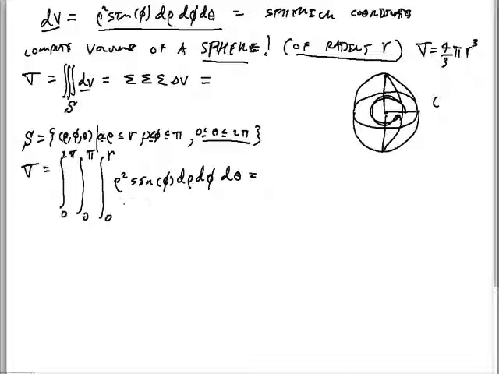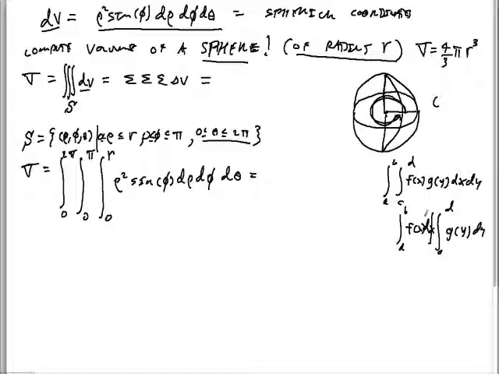Okay, so let's compute this now. One thing we can always do anytime we have a double integral of the form where we have f of x and g of y dx dy, with some a and b, c and d, is always break it up into two different independent integrals: the integral from a to b of f(x) dx, and then finally the integral from c to d of g(y) dy. And we see it breaks up like that.